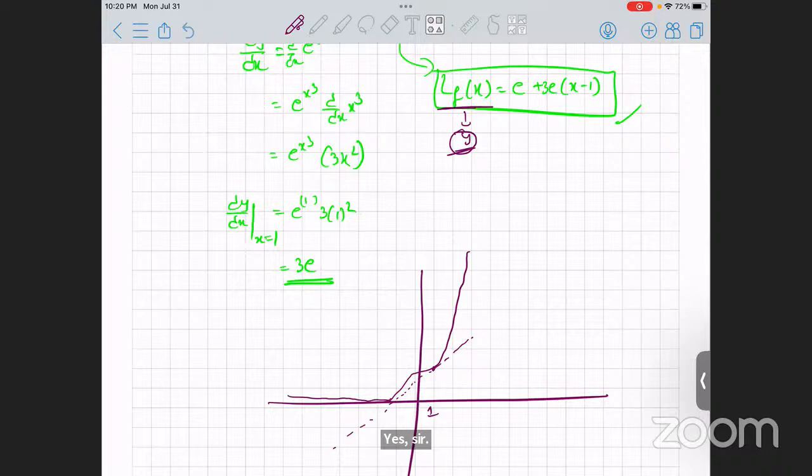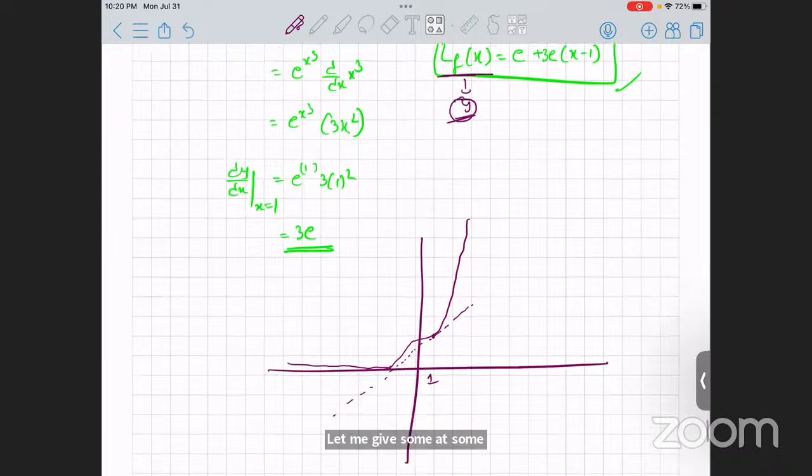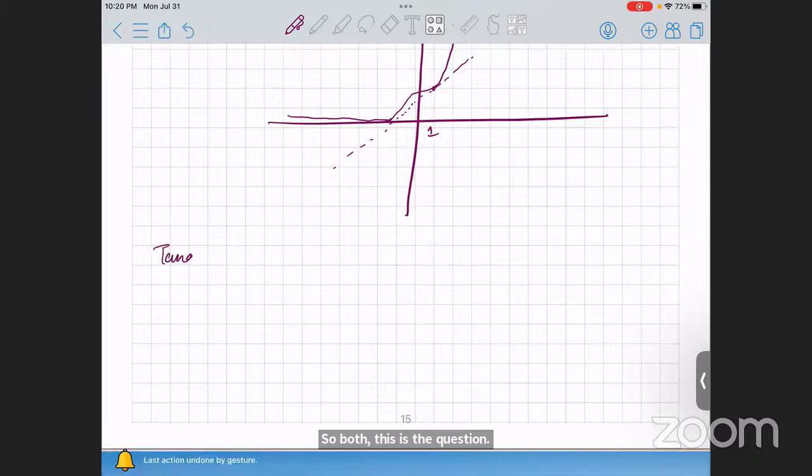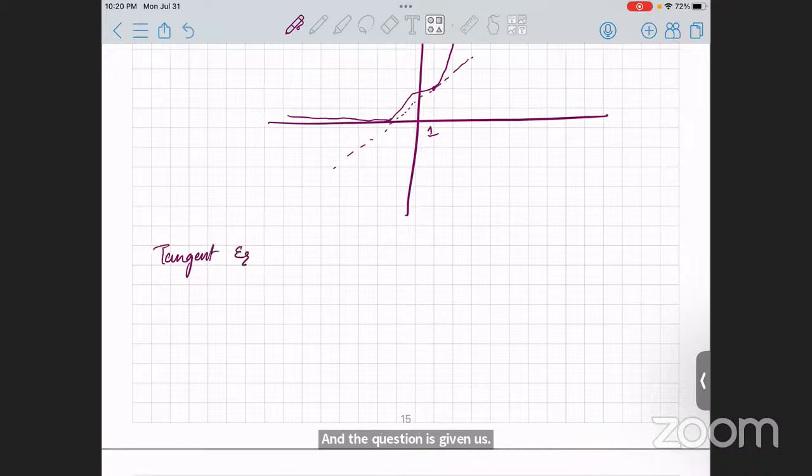Let me give some examples. Suppose this is the question. The tangent equation is given as y equal to 3x plus 2.